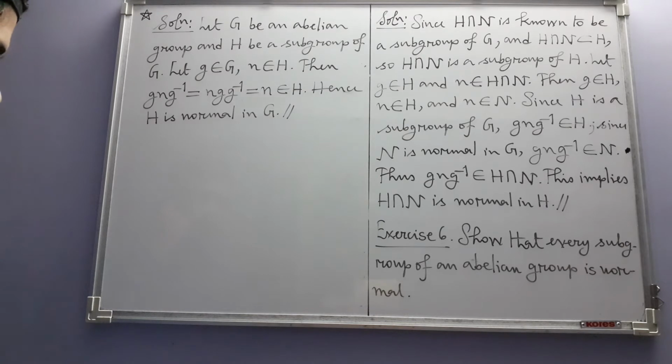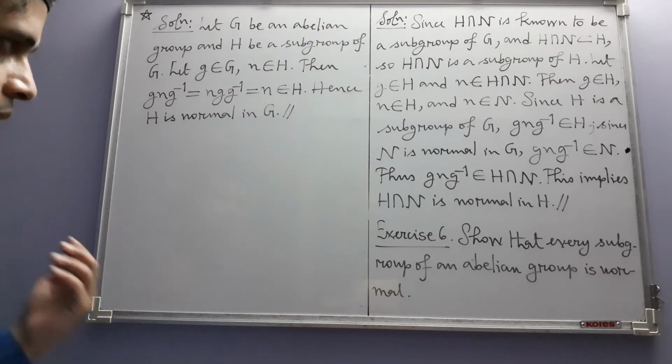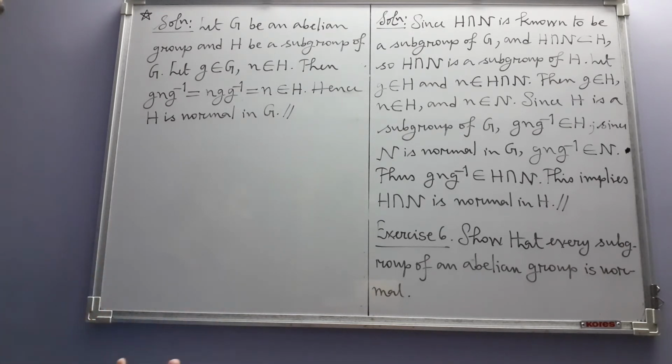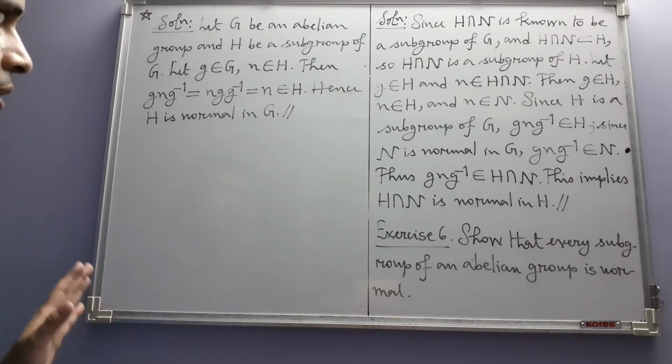So in an abelian group, being a subgroup will automatically ensure that it's normal.